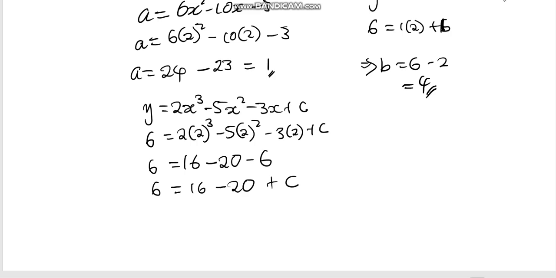This is supposed to be 26. So now this gives us 6 is equal to negative 10 plus c. We take the 10 to the other side, so c is equal to 6 plus 10, which gives us 16.